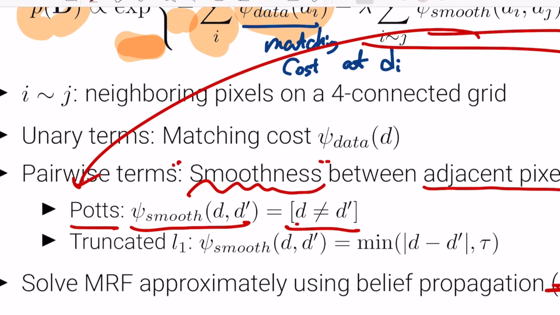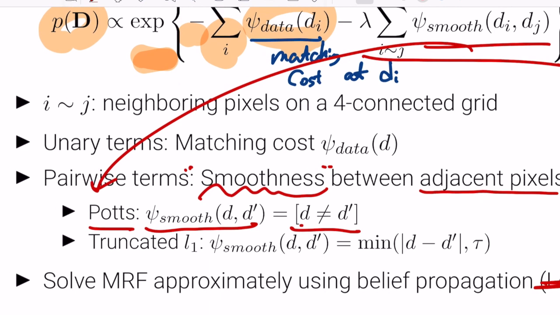So to minimize such a model, we can just make a smoothly varying depth map. Or when we consider the truncated linear model, phi smooth of t and t prime is going to be the minimum of the absolute value of t minus t prime, and tau.